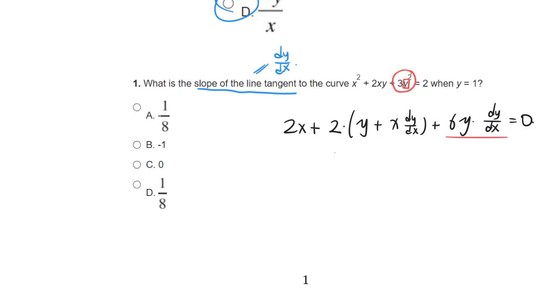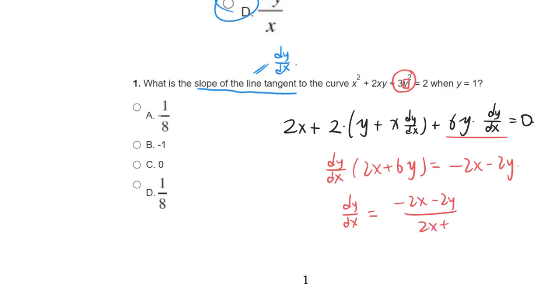So then you can isolate dy over dx. You would move the other things to the other side, and then we would find dy over dx is equal to negative 2x minus 2y over 2x plus 6y. Then notice we don't know what x is at the moment, but we can find this easily by plugging y in: x squared plus 2x plus 3 is equal to 2.